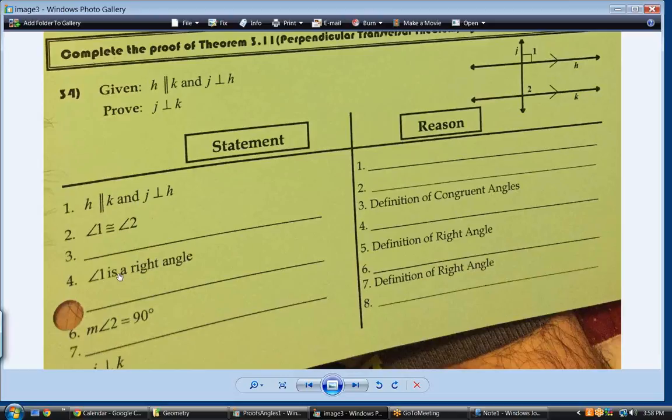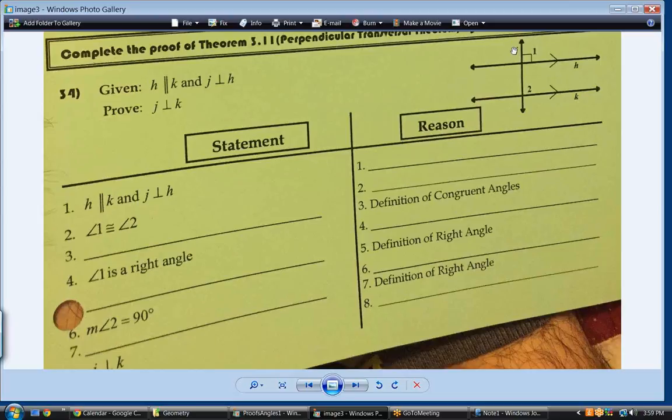So, angle 1 is a right angle. Why? H is perpendicular to J? Yeah. Or H, sorry. Angle 1 is H and J. I think that's H and J, yeah.